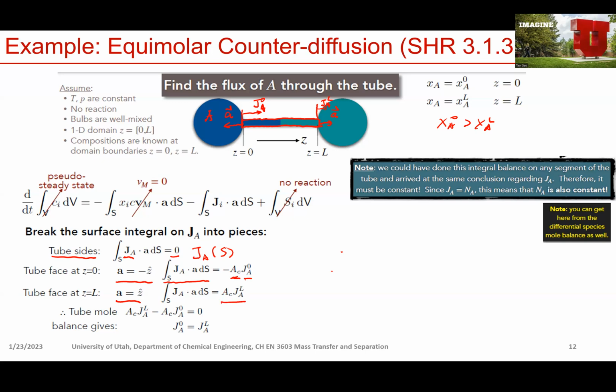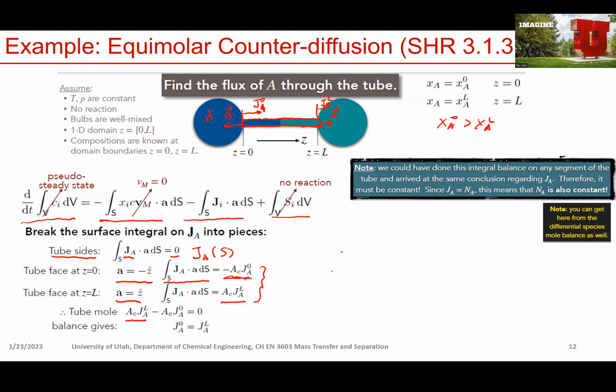Then similarly, right here, because the direction of the unit normal vector is the same as JA, you can just multiply them. Now, because the accumulation term, convective flux, and the reaction all vanish, we have only this term, and this term can be broken down into these two terms. So what we are left with is the summation of these two terms: A_c JAL minus this equals 0.